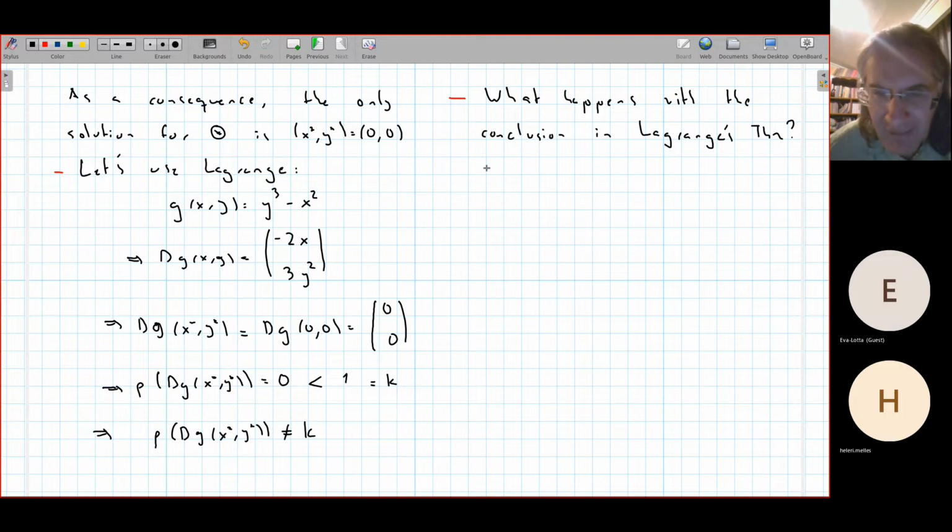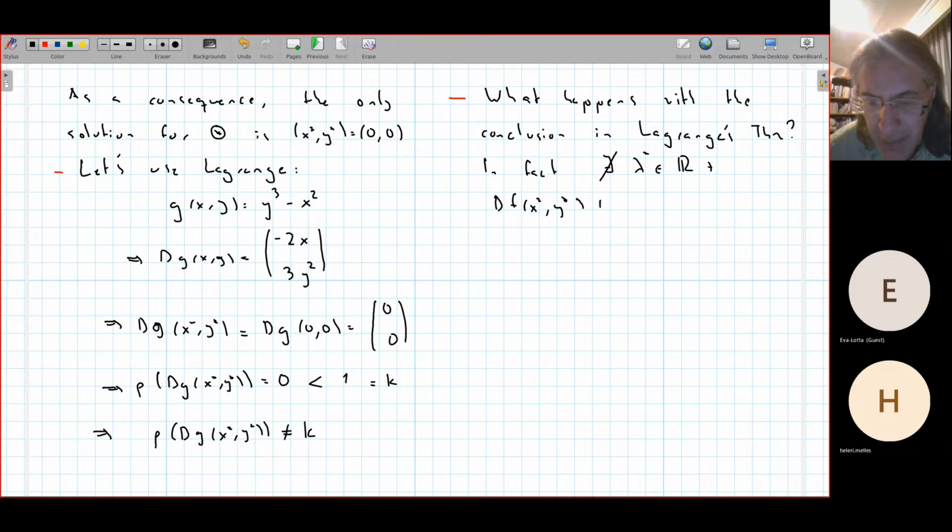In fact, we're going to check now that there is no lambda star in R such that the derivative of f at (x star, y star) plus lambda star times the derivative of g at (x star, y star) is equal to 0. This doesn't hold. Okay, let's check that.